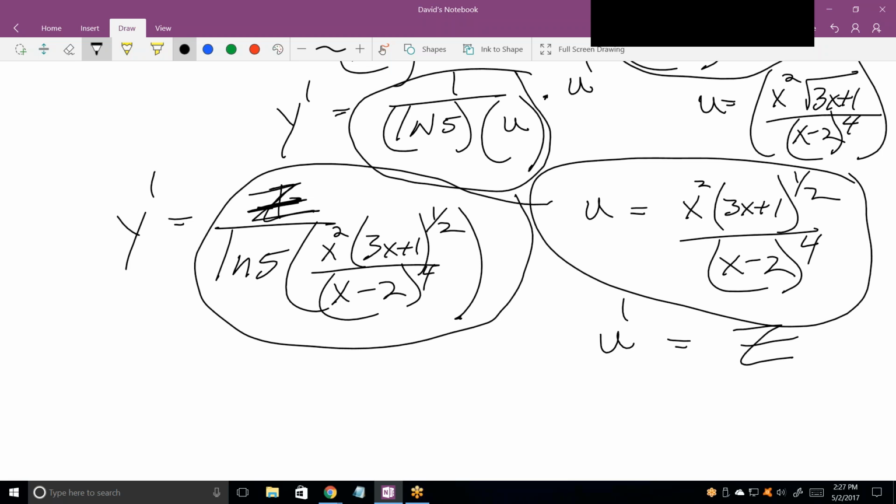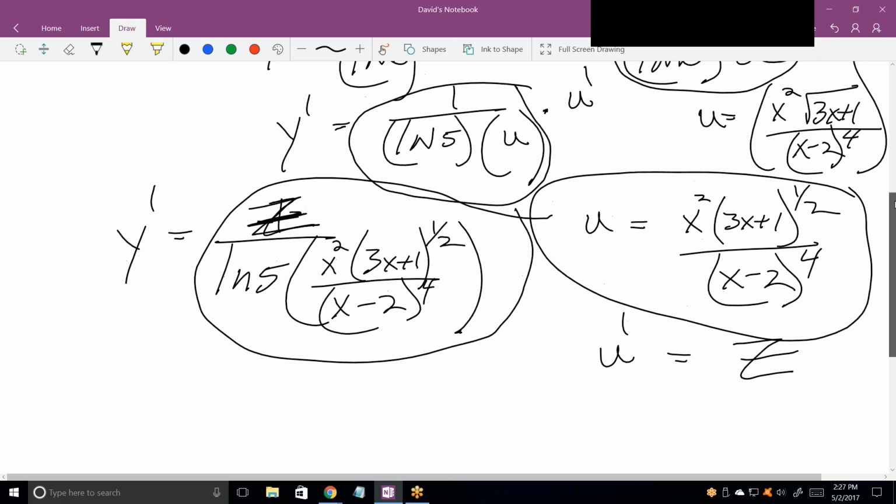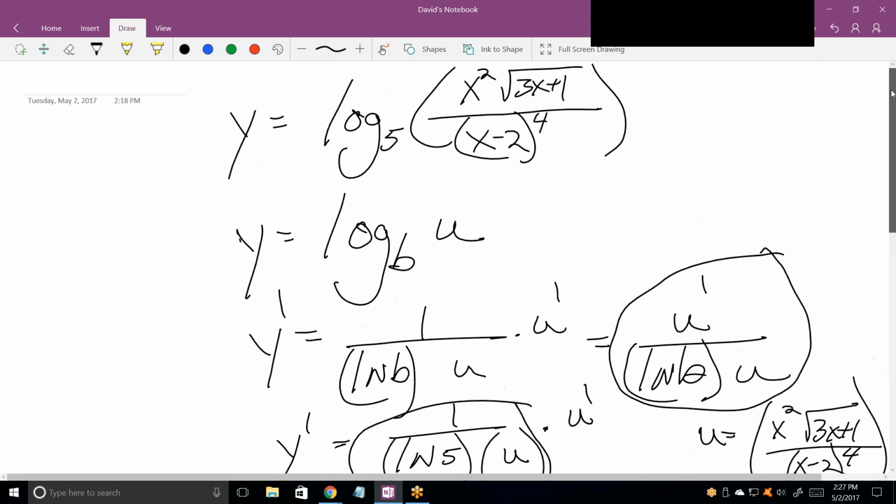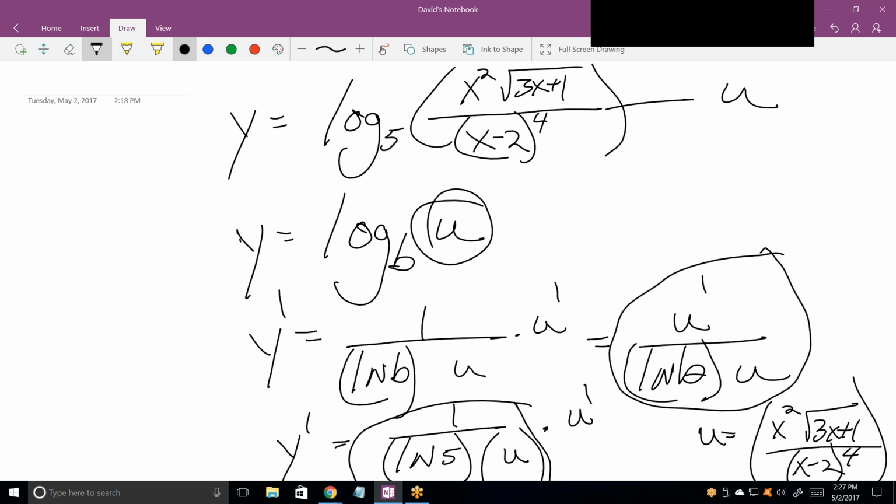Exactly. But the key step here is not the algebra. The key step here is to recognize that that is u. Uh-huh. Once that becomes u, then to solve for u prime, that's a lot of work. If I just gave you y is equal to that function and solve for y prime, my God, that'd be a 20-minute problem.